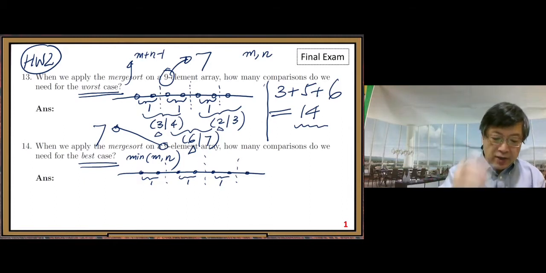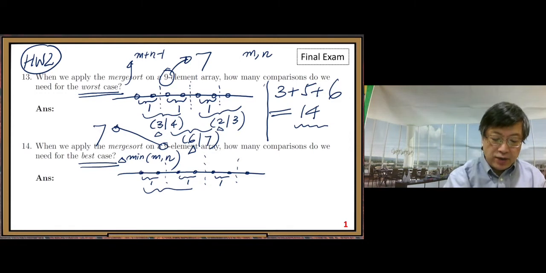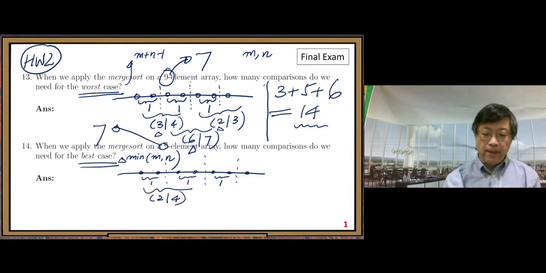Next level, this time using the new formula: the best case is the minimum of the 2 sizes. Merge these two arrays: the minimum of the 2 sizes is 2 and 4, so here the minimum is 2. Here, the minimum of the 2 sizes is 1, with the size 3.